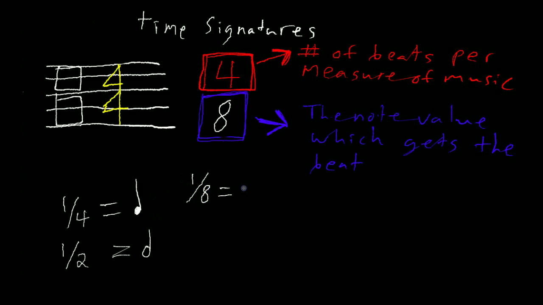We haven't covered this yet, but that would mean that an 8th note gets the beat. Hopefully I'm not confusing you by putting this up. The only notes we've covered so far are the quarter note and the half note, but I do want to show you the intuition behind these numbers in a time signature.